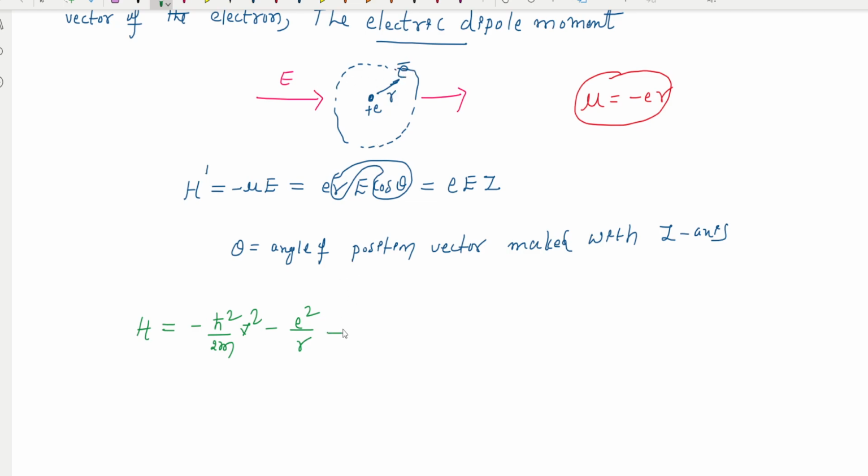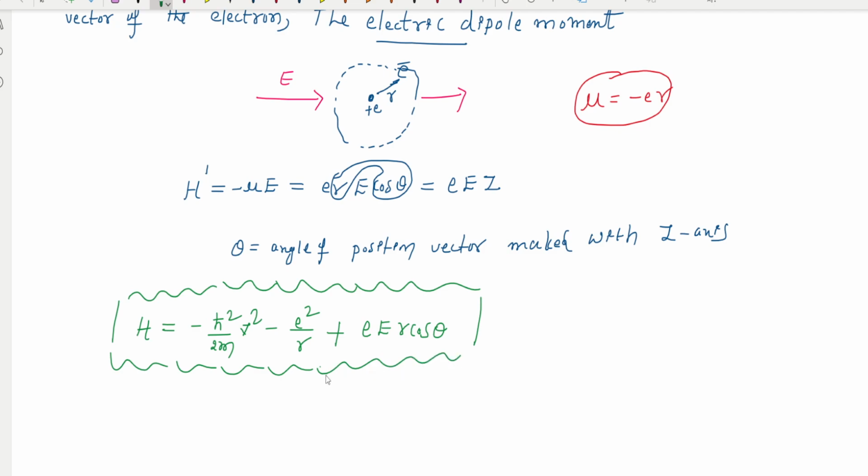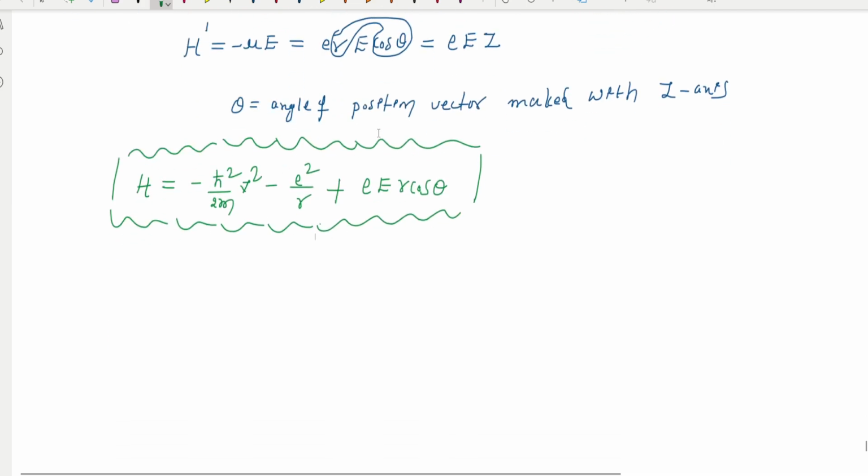So the additional energy of this situation is E times the Z component, or cos theta. This is very, very important information. By using this given Hamiltonian, we can calculate the energy levels of this hydrogen atom placed in electric field.